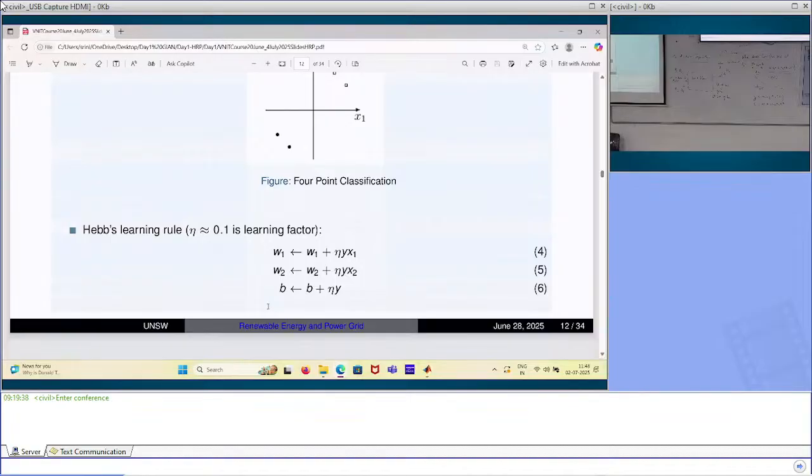The idea here is that we have set up an iterative process where the classification can be done in an unsupervised way.